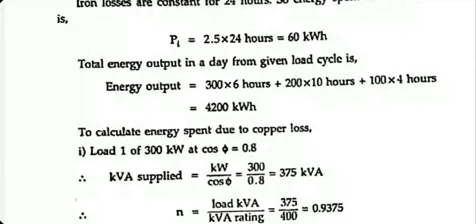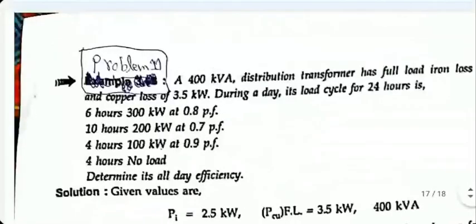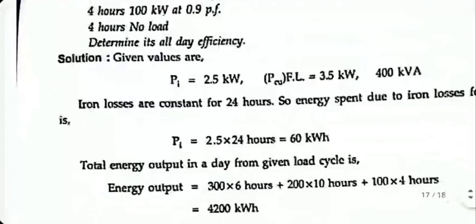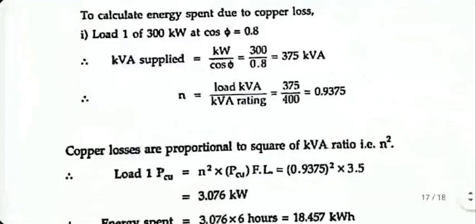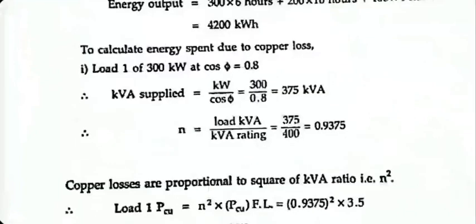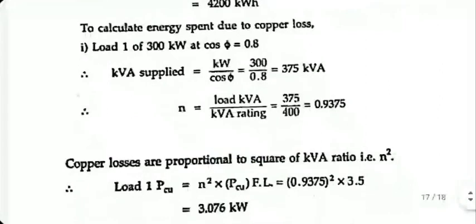So the kVA supplied in the first time period is 375, and the load fraction is this kVA divided by the rated kVA, which is 0.9375. Now kVA has gone down from 400 to 375.